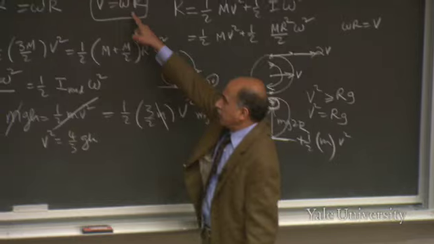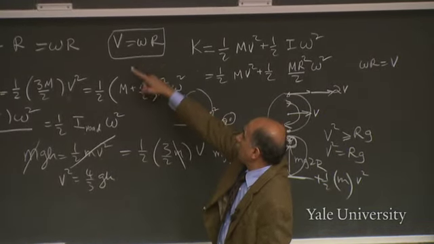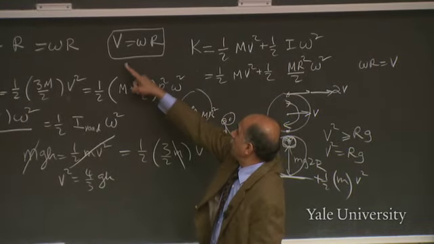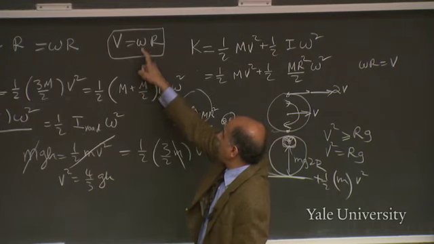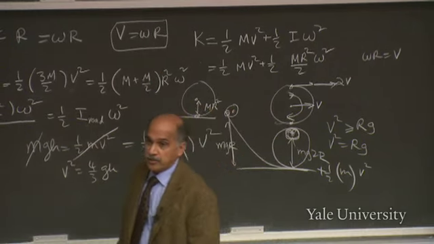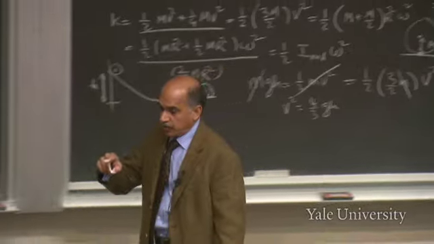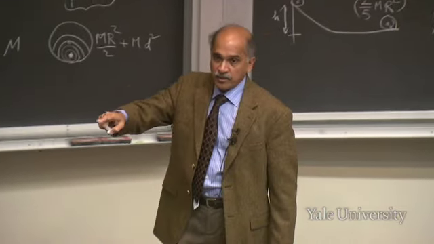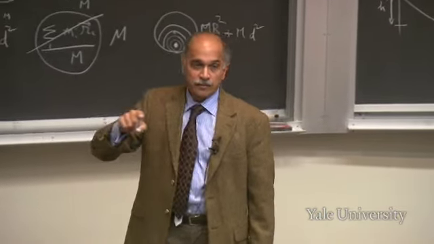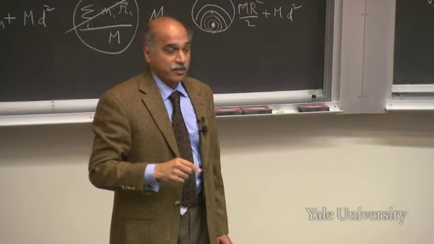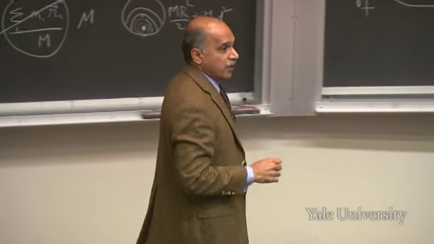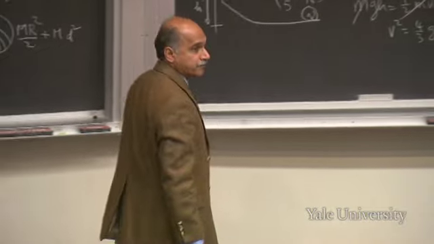So it's not surprising that the total energy has a contribution from both, which you can write either in terms of the angular velocity or the linear velocity. In other words, if I know how fast the wheel is spinning, I can tell you how fast the car is moving. If I tell you how fast the car is moving, I know the rate at which the wheels are spinning, provided it's not skidding. If it's skidding, these bets are off.